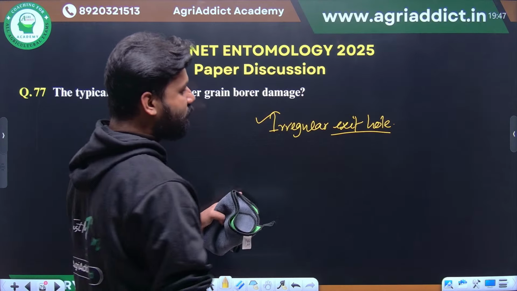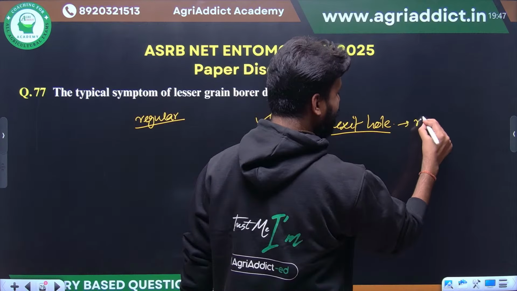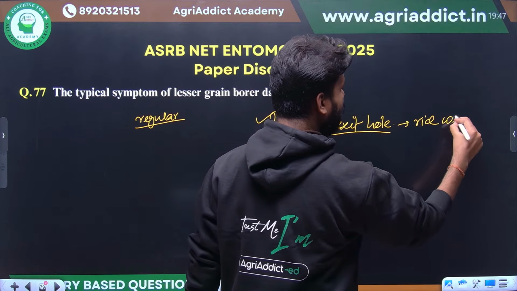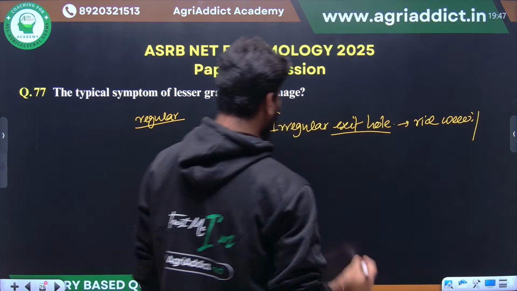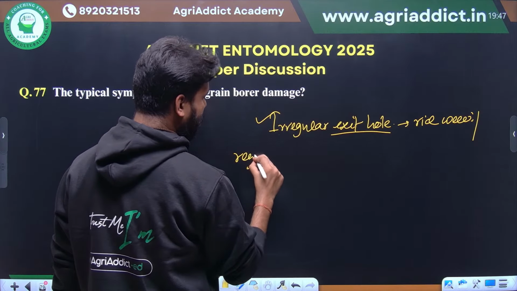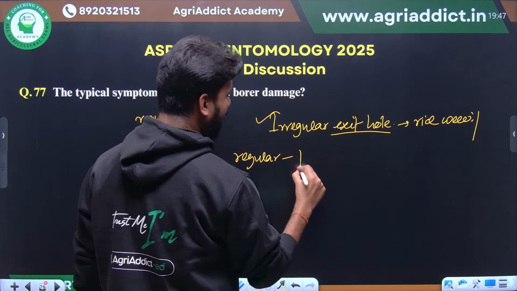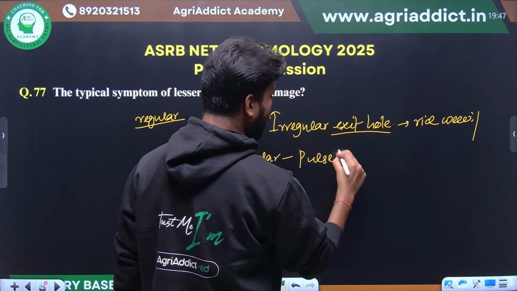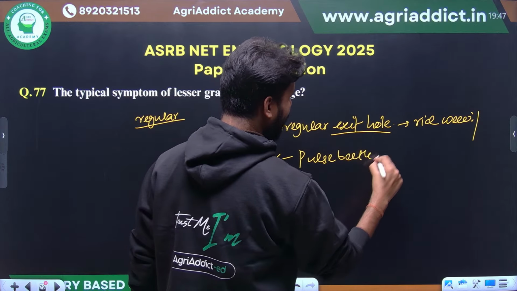Irregular exit hole is also shown by rice weevil. Then regular exit hole is shown by pulse beetle and tamarind beetle.